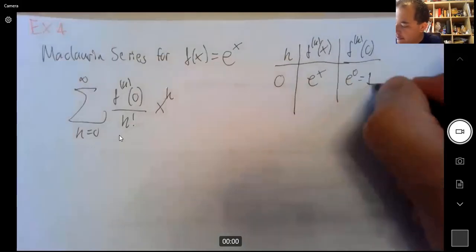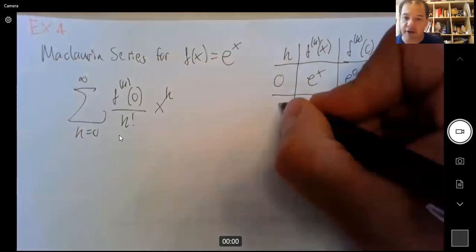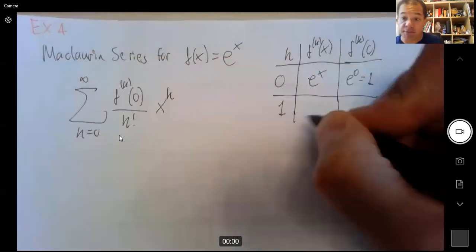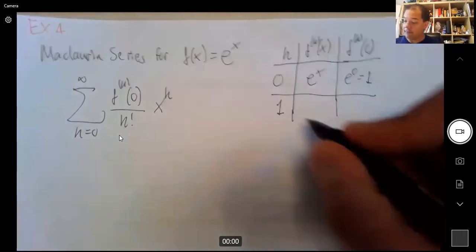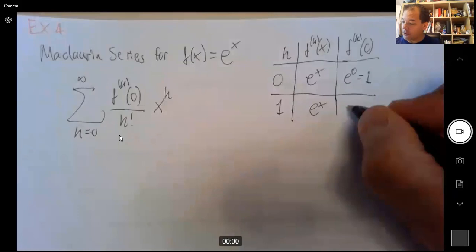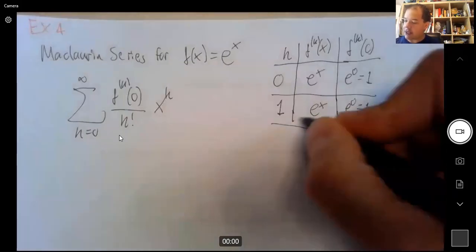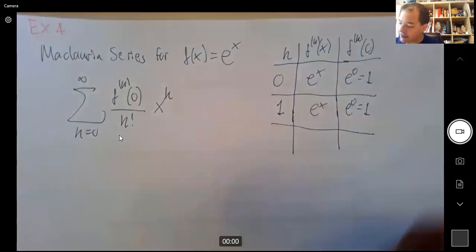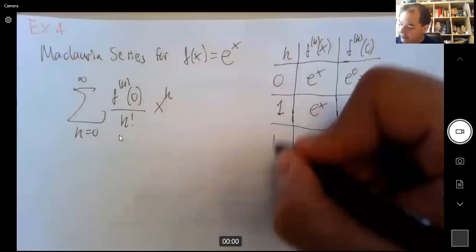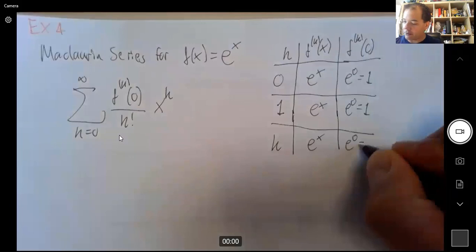And then here's the thing, what's the first derivative? Well, e to the x, right? So we also get 1. What's the second derivative? e to the x. What's the third? e to the x, etc. All of them are e to the x. And so for all of them, you're going to get 1.